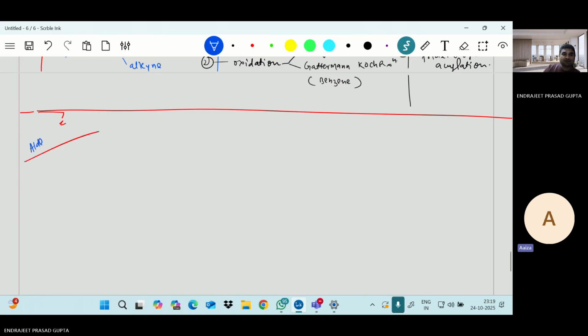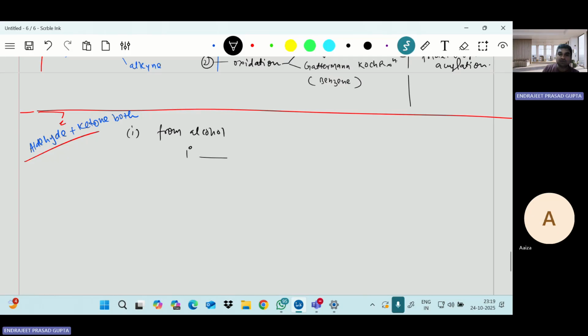That is a general method, right? We can prepare aldehyde and ketone both. Aldehyde and ketone are generally prepared by the oxidation of primary and secondary alcohols. You can see the first one is from alcohol. Here the primary alcohol gives aldehyde and secondary alcohol always gives ketone.